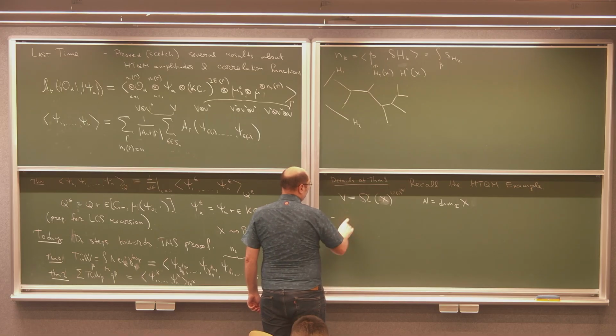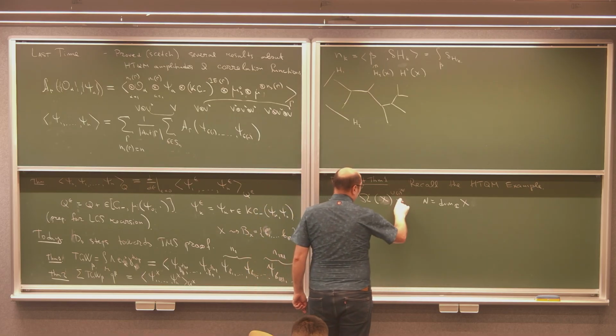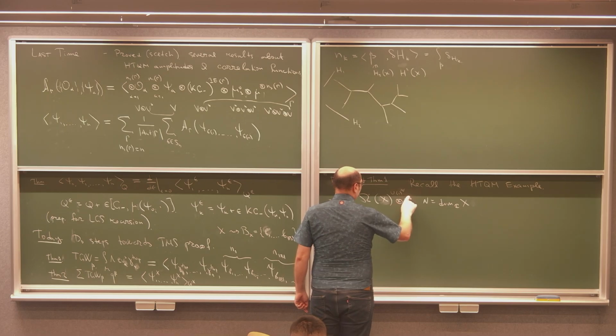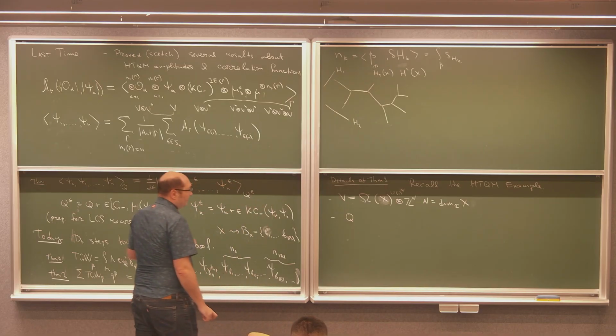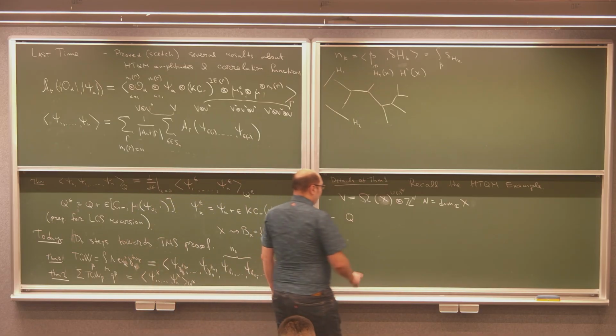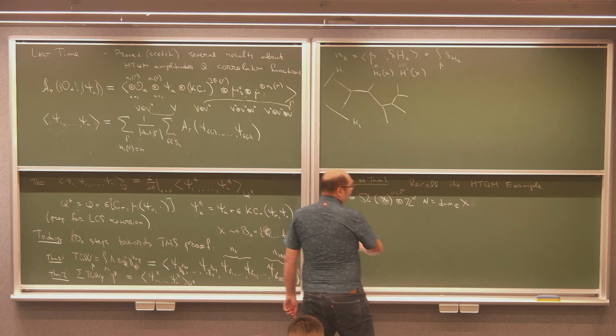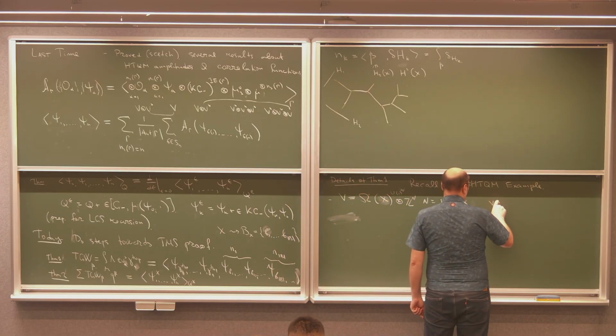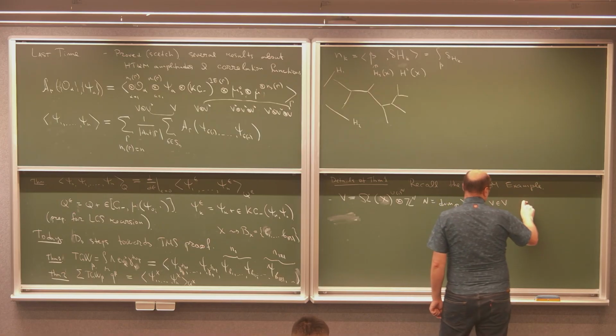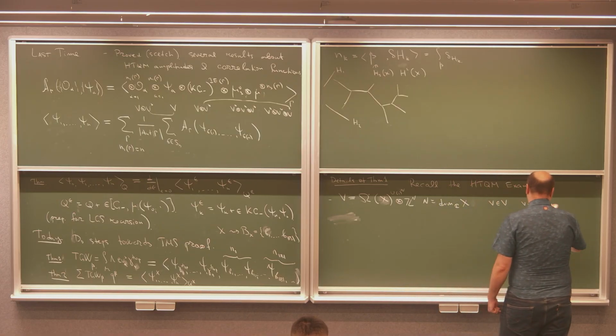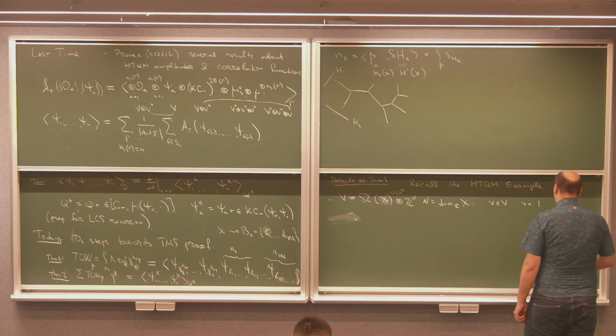Then we tensor it with an n-dimensional integer lattice. So the states here, the vectors in V, we write using the Dirac ket notation.